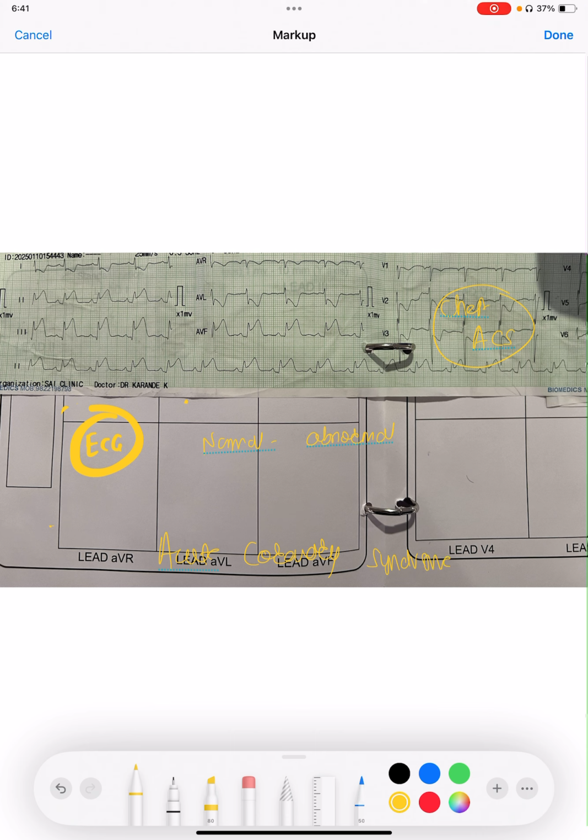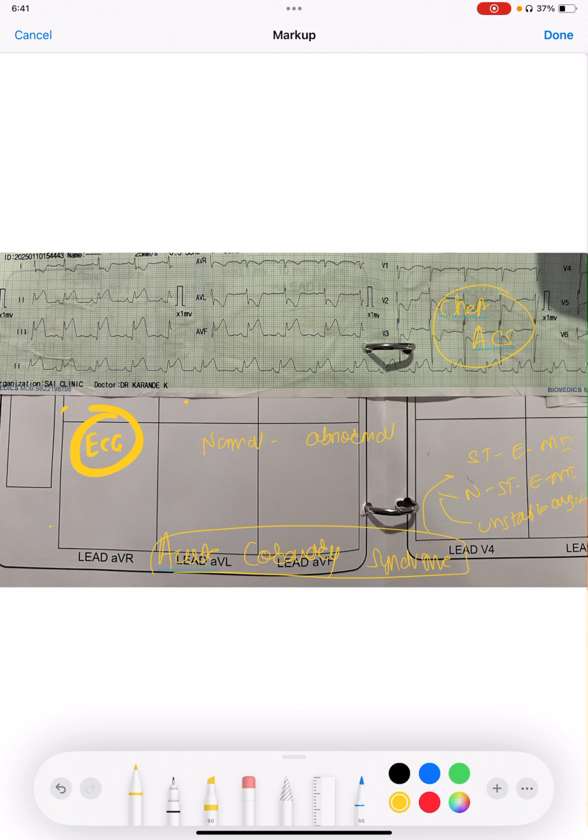Under acute coronary syndrome three things fall: one is ST elevation MI, second is non-ST elevation MI, and third is unstable angina.